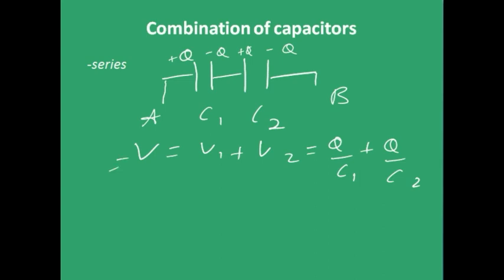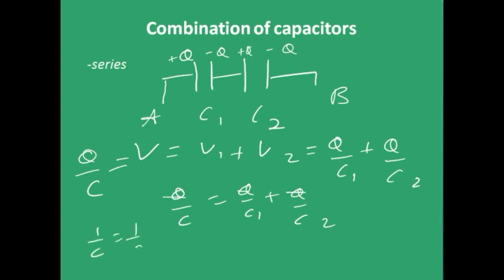So I can write V as Q by C. Now we have Q by C is equal to Q by C1 plus Q by C2. If I cancel this Q terms, I get 1 by C is equal to 1 by C1 plus 1 by C2, where C is my effective capacitance.